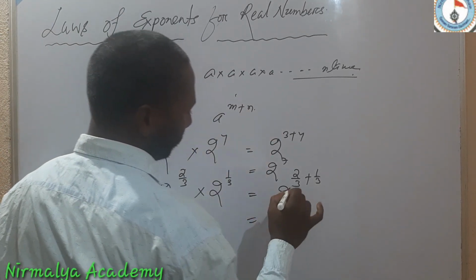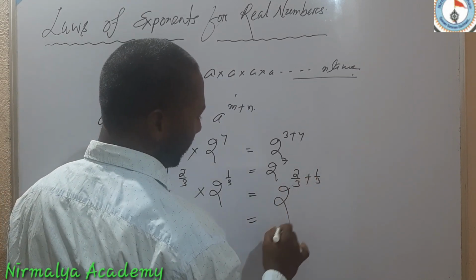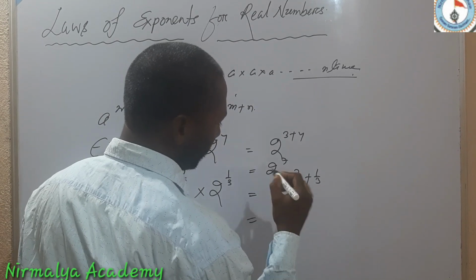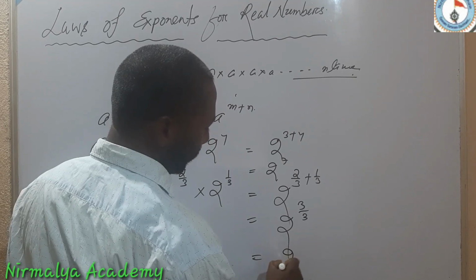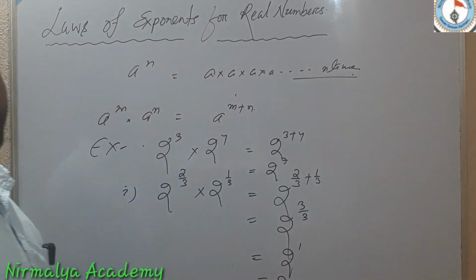Then 2 to the power 2 by 3 plus 1 by 3 is 2 to the power 3 by 3, which equals 2 to the power 1, equals 2.